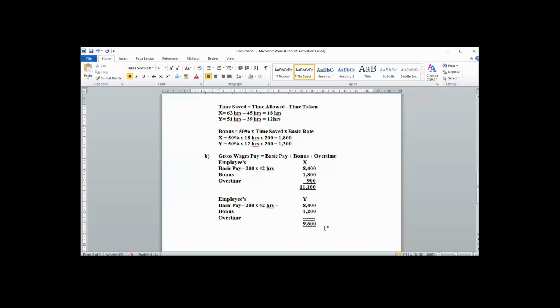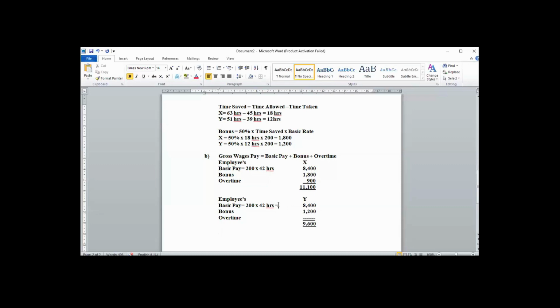Please, can you come again? Do you understand how we got the basic pay? This last statement, please, the overtime. You said it doesn't have. He has no overtime because he's supposed to work 42 hours in a week. He worked 39 hours. 39 and 42, are they the same thing? 39 is less than 42.